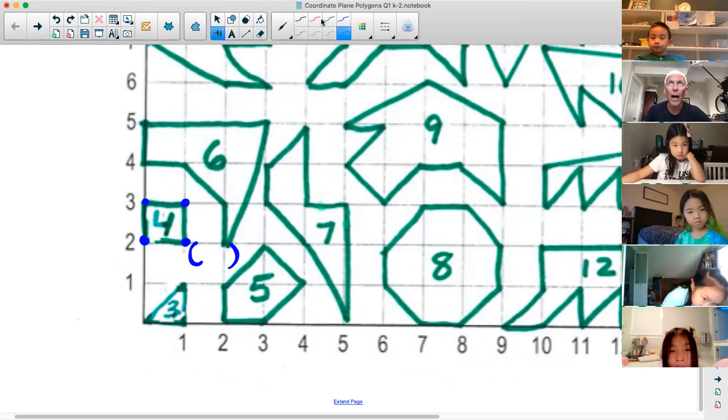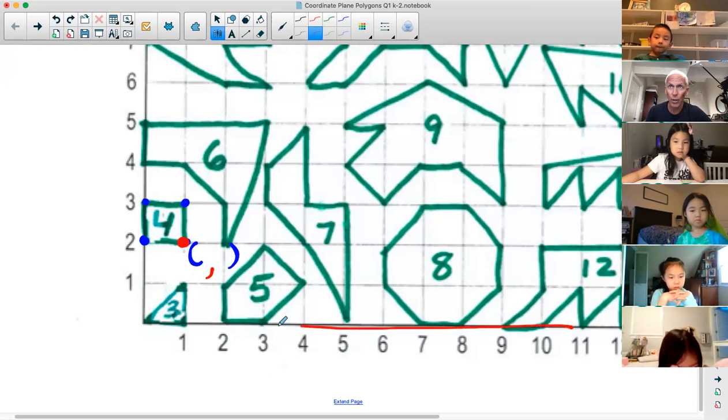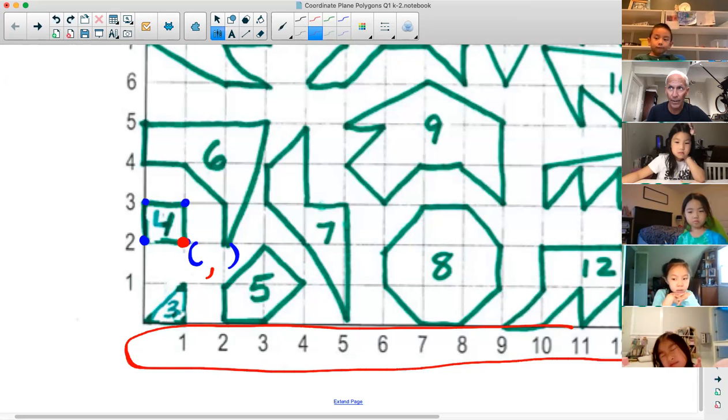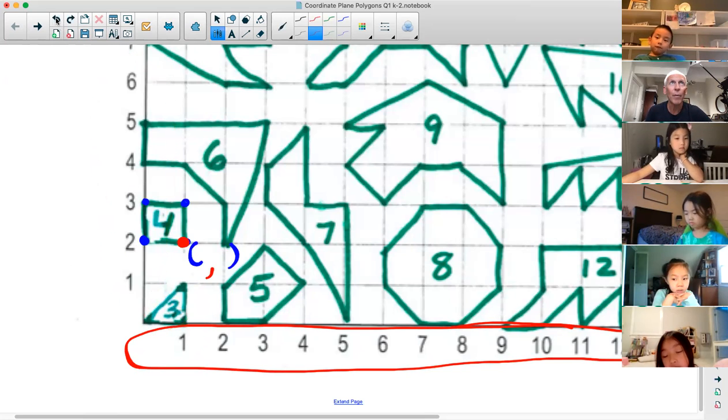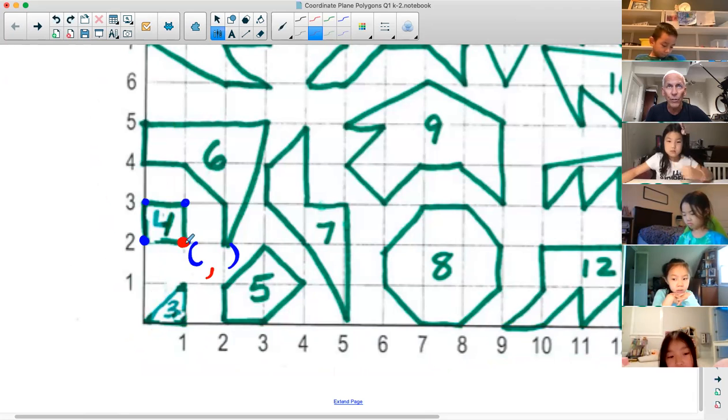The point that I'm actually going to color in red. Who can name that point for me? And remember, I always want you to think of your elevator first and then push the button of how high you want to go. Who could name that first red point? Who can do that?